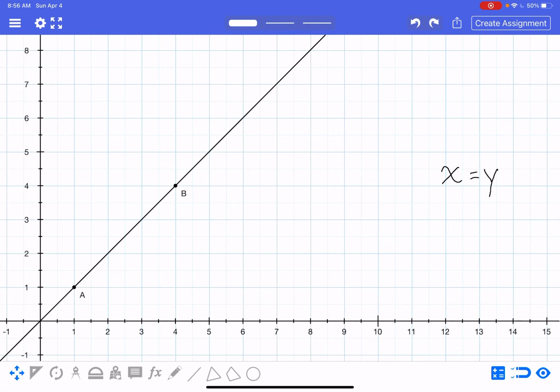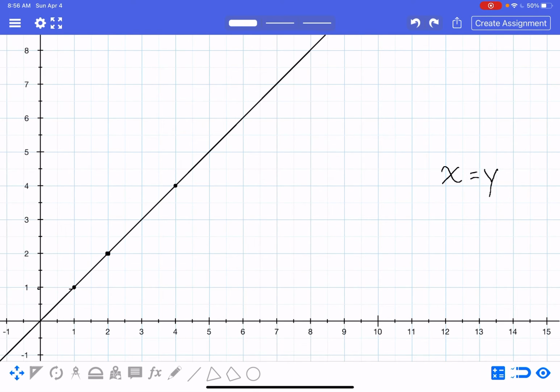So if I look at this point, A is at 1 and 1. So whatever the value of x is, the value of y is the same. So B is at 4 and 4. Now, all the points along the line are the same. Here is 2 and 2.